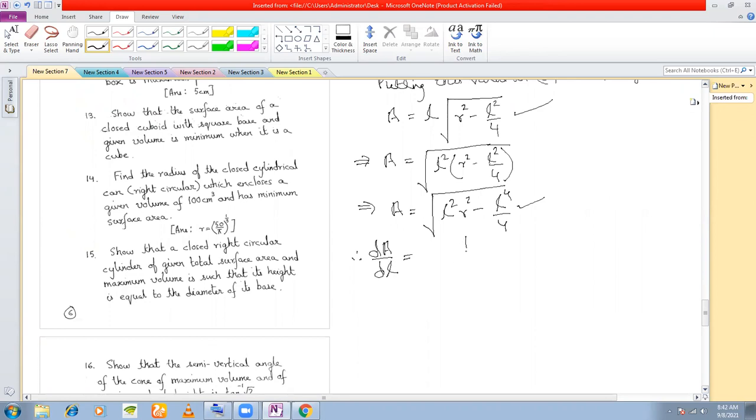First of all, you differentiate the radical. You get 1 by 2 root of L square R square minus L to the power of 4 divided by 4, into the d/dL of whatever is within the radical, L square R square minus L to the power of 4 by 4.